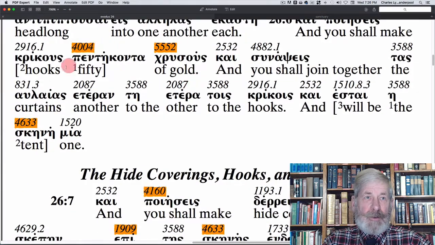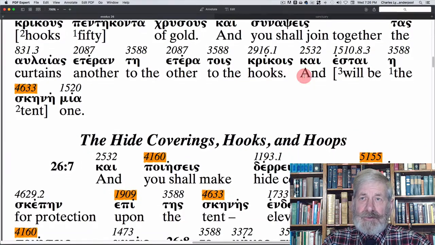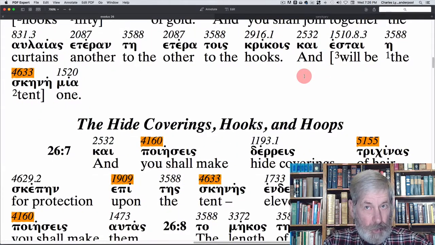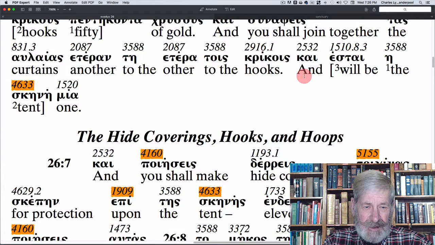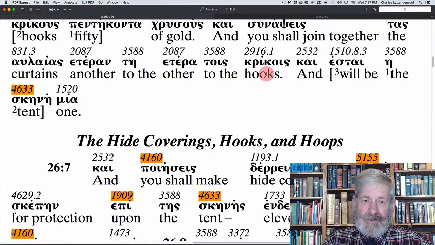And you shall make the 50 hooks of gold, and you shall join together the curtains one to the other to the hooks, and the tent will be one. Now I'm questioning if the tent, if that's the whole, if that's just the inner part.